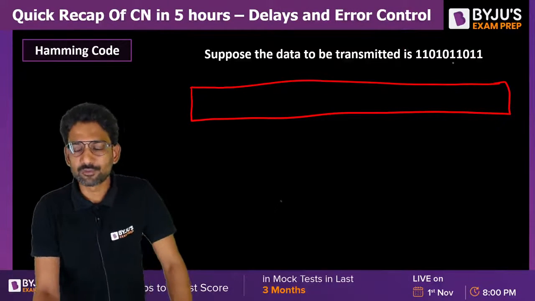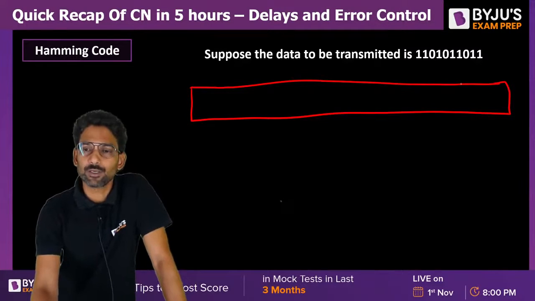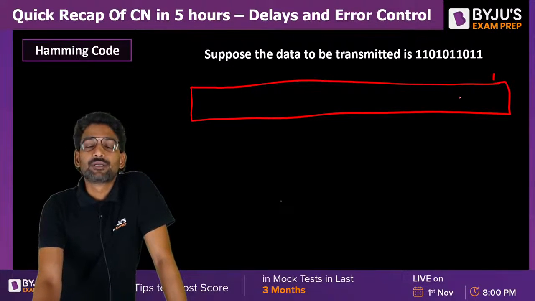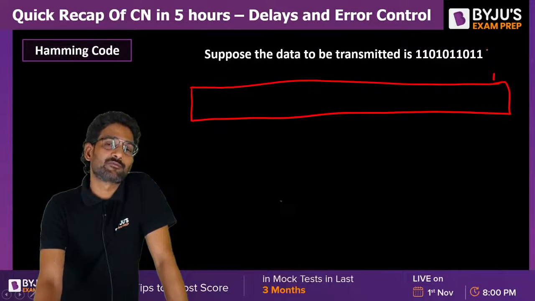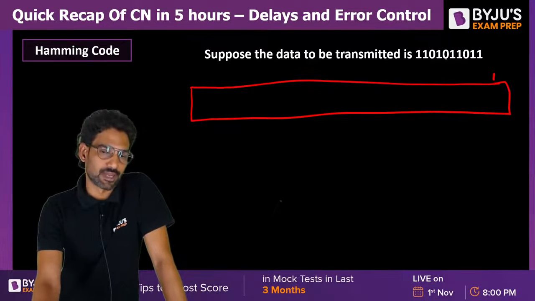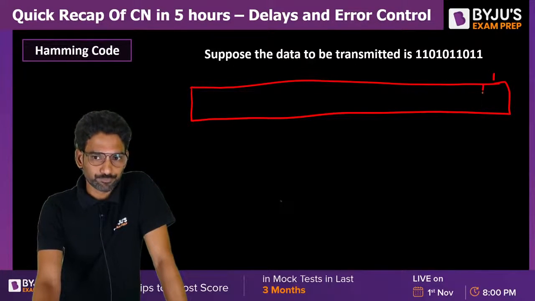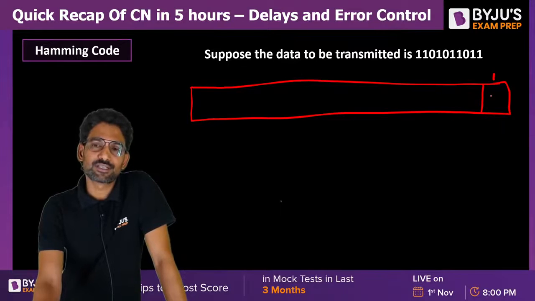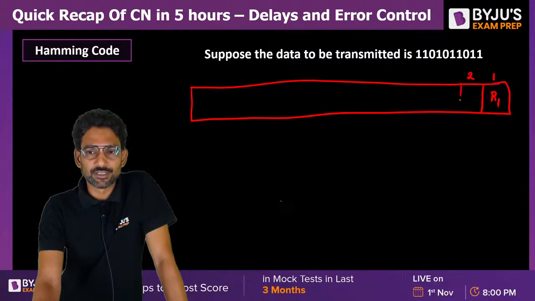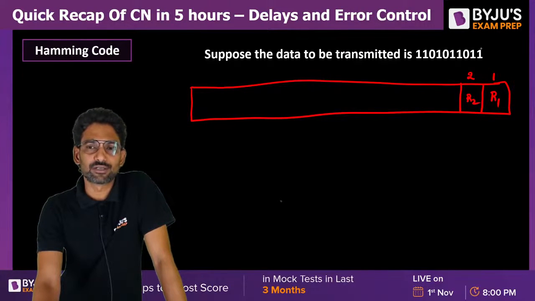Now you start from the LSB position. Okay. Here position numbering starts from 1, not from 0, in Hamming code. First position is a redundant bit position. Second position is a redundant bit position. Third position is not a redundant bit position, so place a data bit.